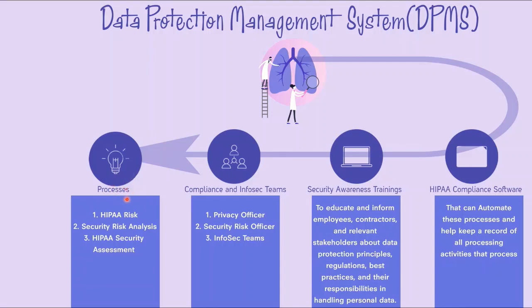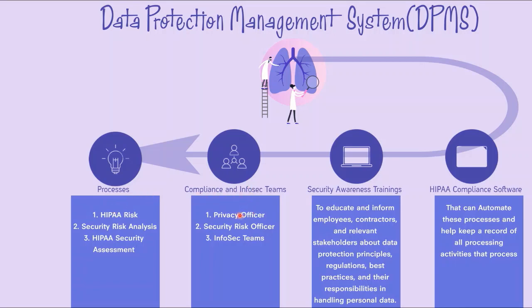Then audit processes and incident response processes. There should be clear steps if there is a security incident or breach, on what steps to take in order to respond to such a breach effectively. We will talk in detail on the next slides with a real life example about the processes.